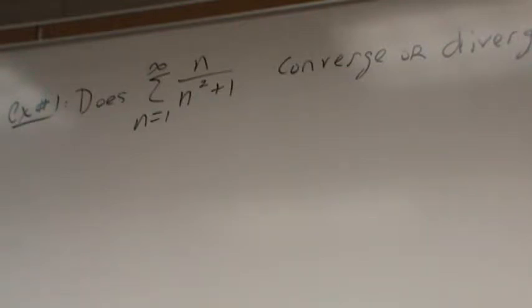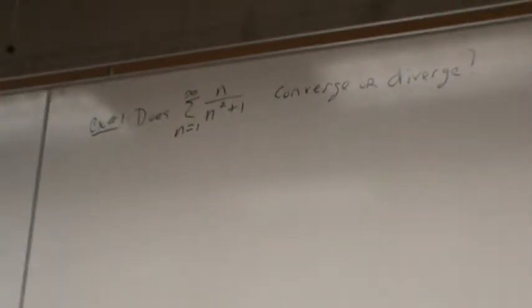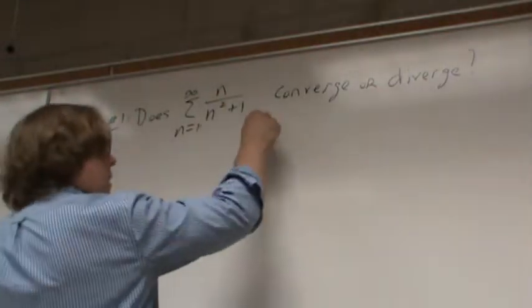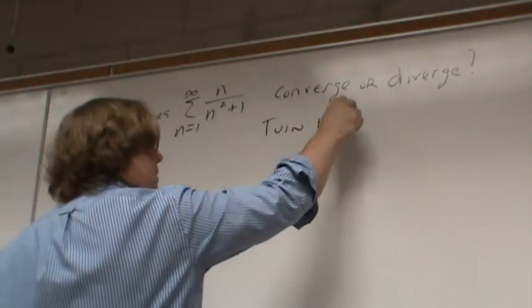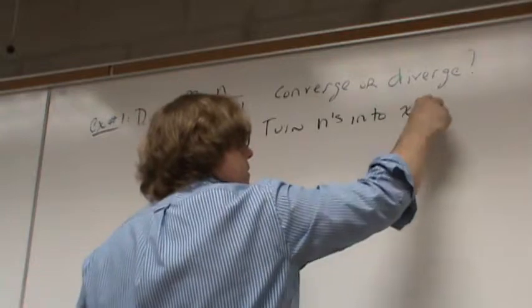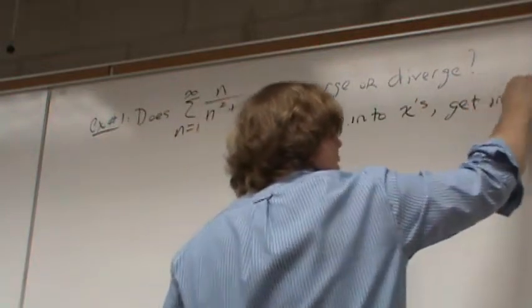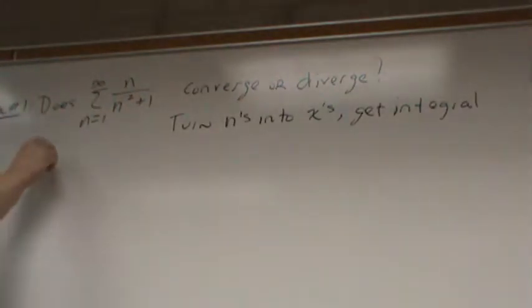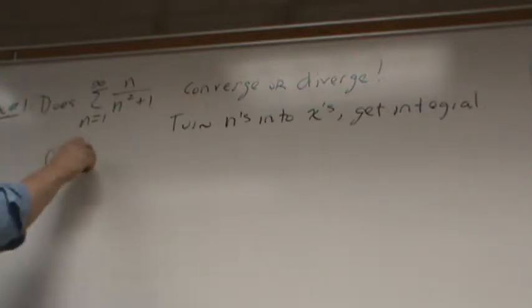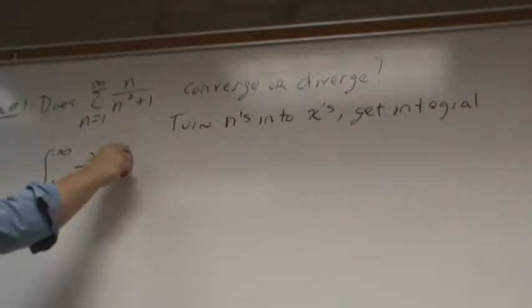Here's what I'm going to do. I've got this series with all these n's. I'm going to turn all the n's into x's and get the integral from 1 to infinity of x over x squared plus 1.